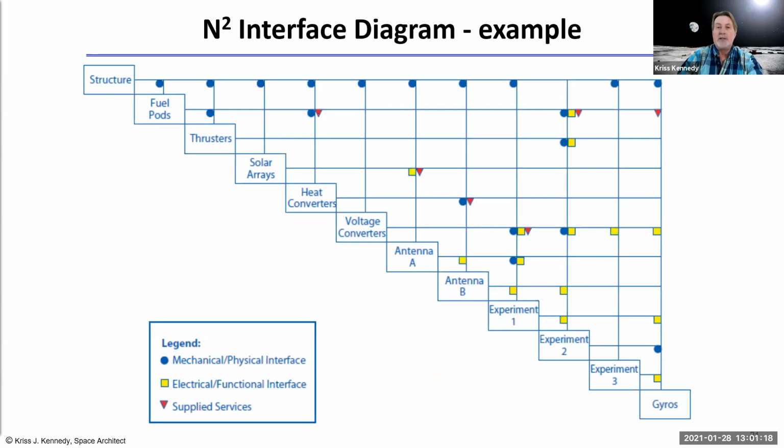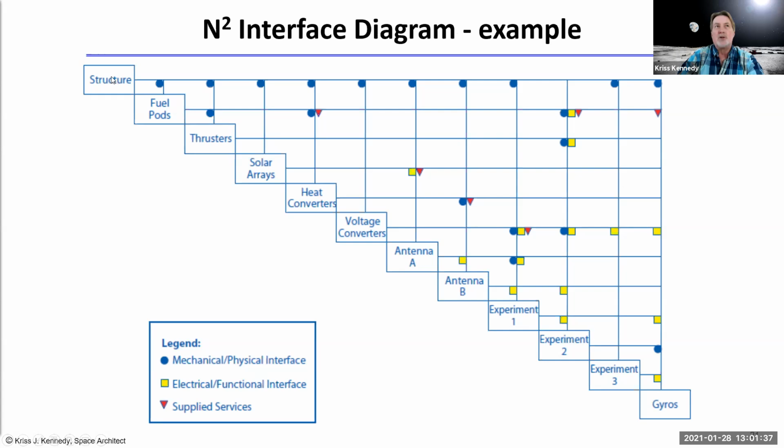This is another example of a different way to do it, in which case you can see here we've got structure, fuel pods, thrusters, solar arrays, heat converters, etc. And each line across here connects to each one of these.